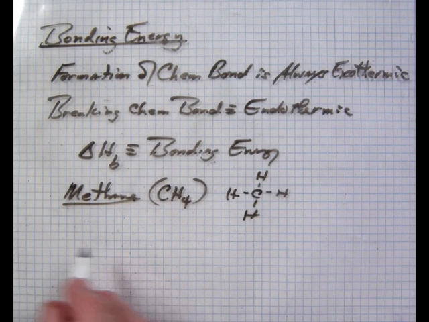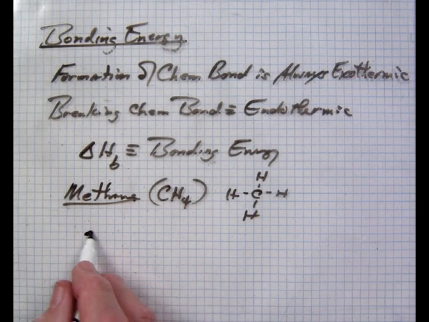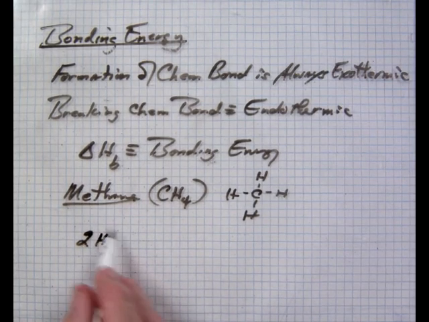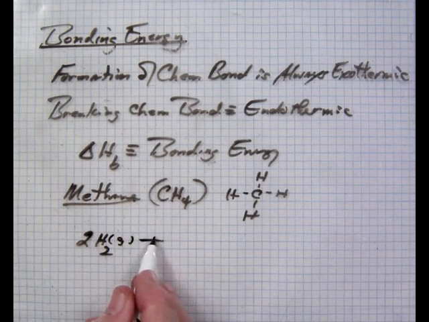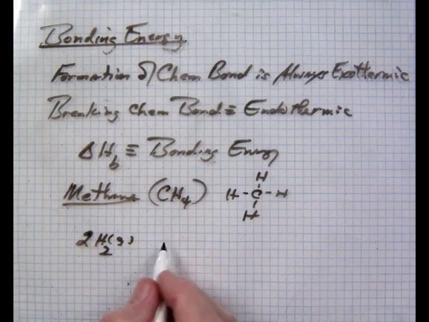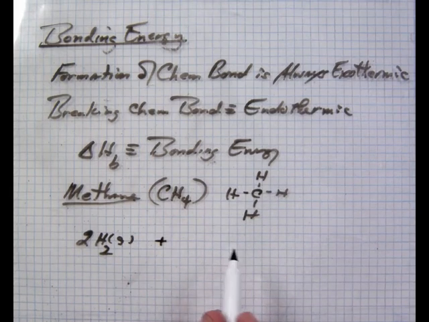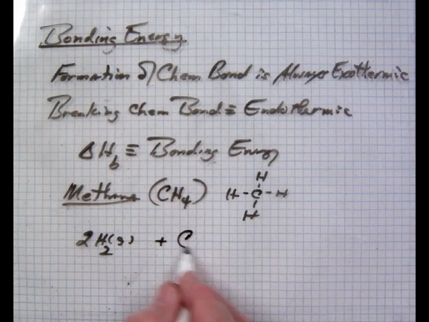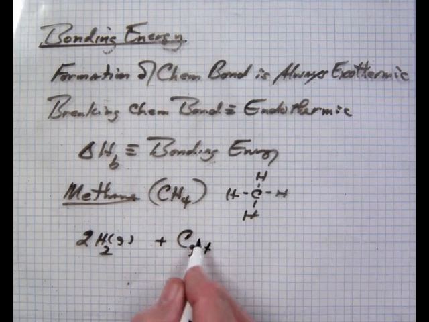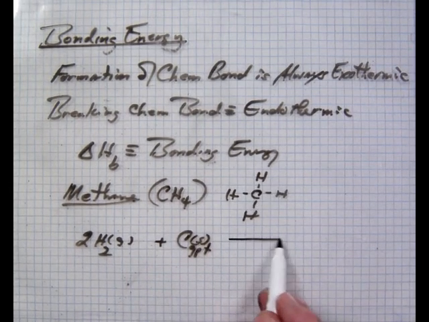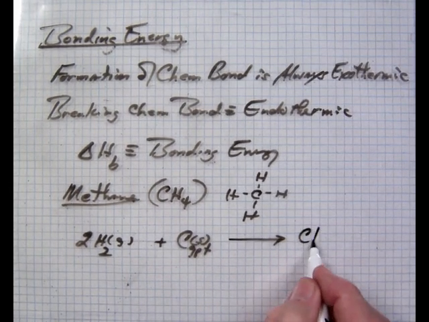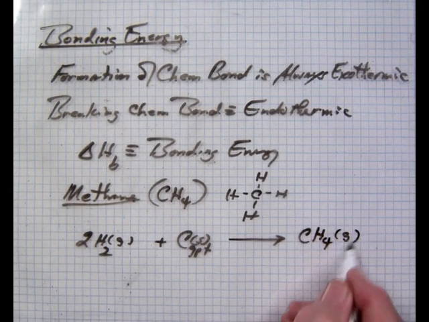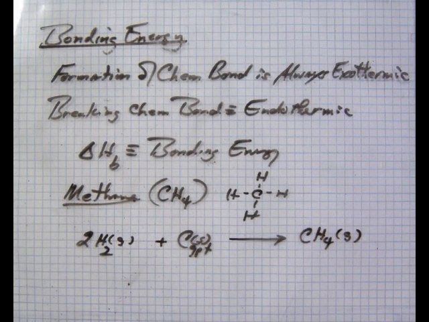Okay, now from the standard state, we need 2 moles of molecular hydrogen in gas form. Move it over here. Plus carbon, graphite, 1 mole as a solid. And that's going to make CH4 in the gaseous form. Now that's the standard state equation because it's basic element standard state. Basic element standard state are always 0.